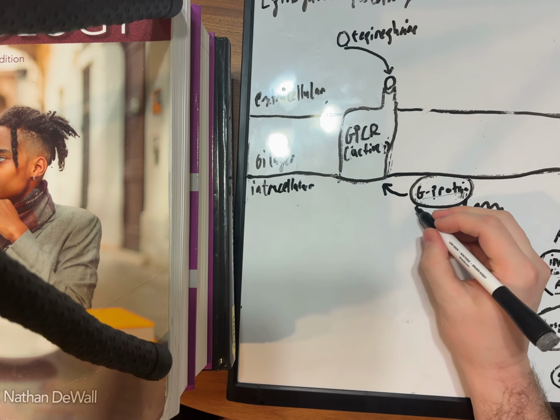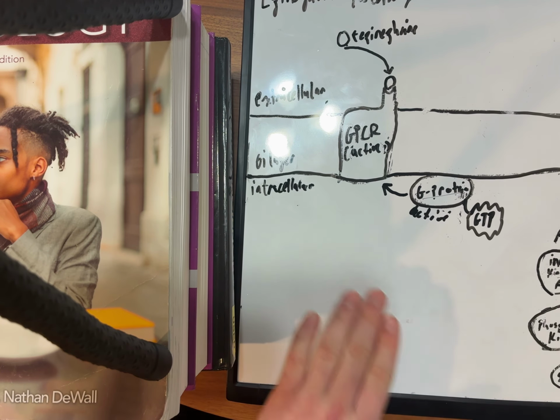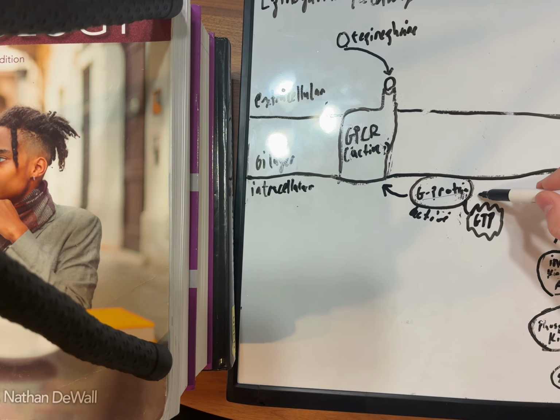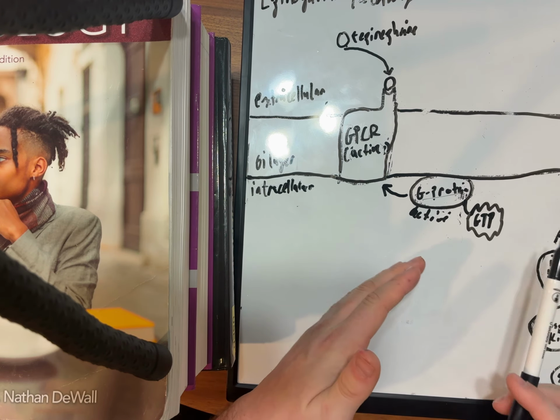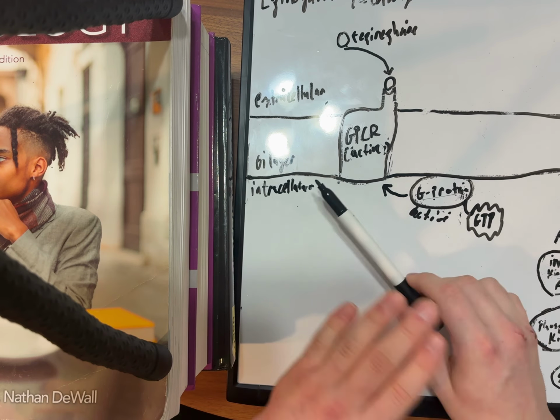So this G protein is now active. When this G protein becomes active with its GTP, it is going to move downstream, and downstream just means we're moving towards the next step. We're moving towards the end of the pathway.